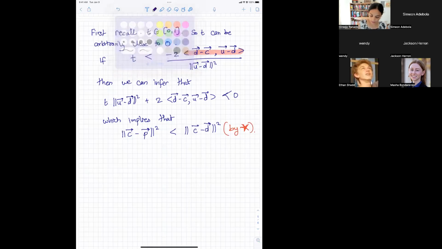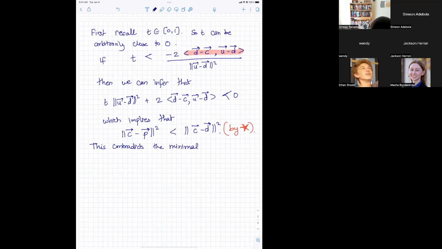Okay, so then this contradicts the minimality of the distance between C and D, which means we're done.